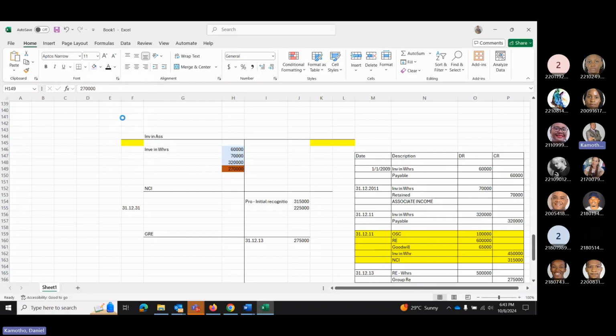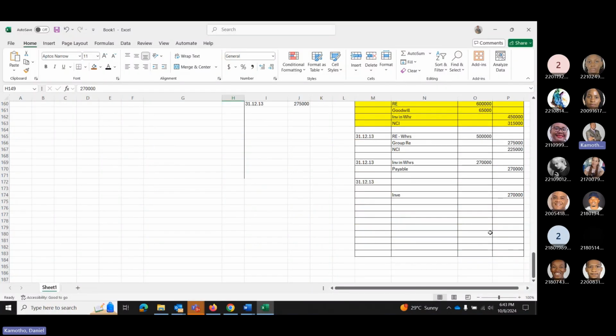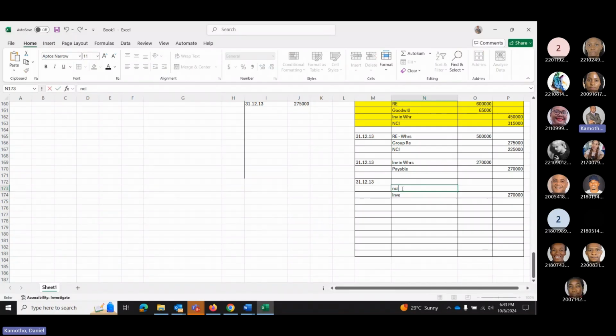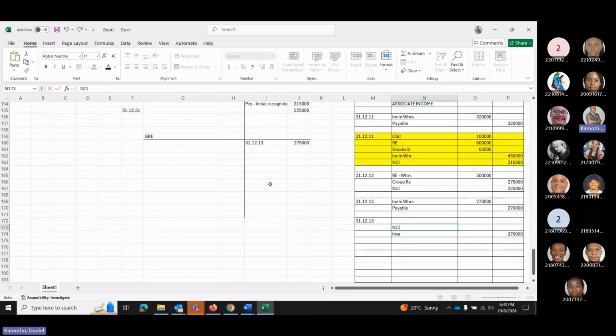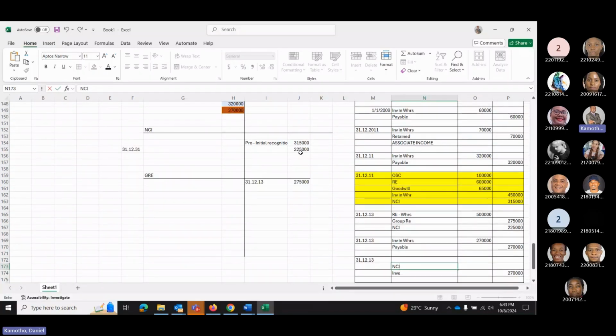And I give it a different color. That amount needs to be eliminated in the consolidated financial statement. But there is no net asset, there is no equity to eliminate it against. We only eliminate it against the NCI, because basically we are saying NCI is going to reduce.